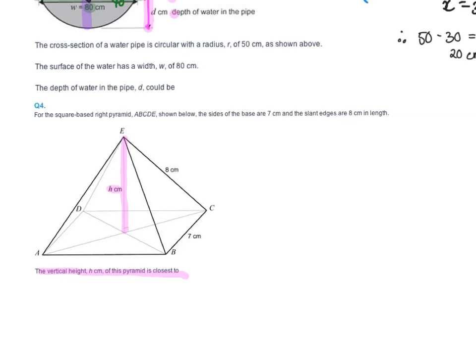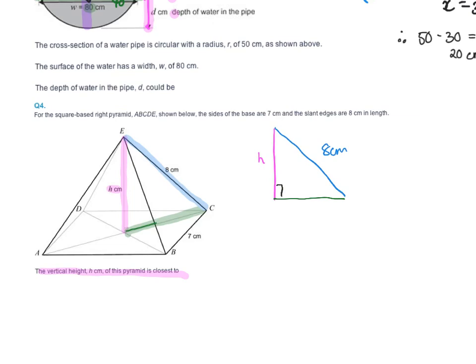So if you look, because we're doing Pythagoras, we need to get a right angle triangle. Now, if I find a right angle triangle using that height, I can use that and that slant. So what that would look like is I've got the H down here, the green goes across the bottom, and then I have the slant, which I know is 8 centimetres there.